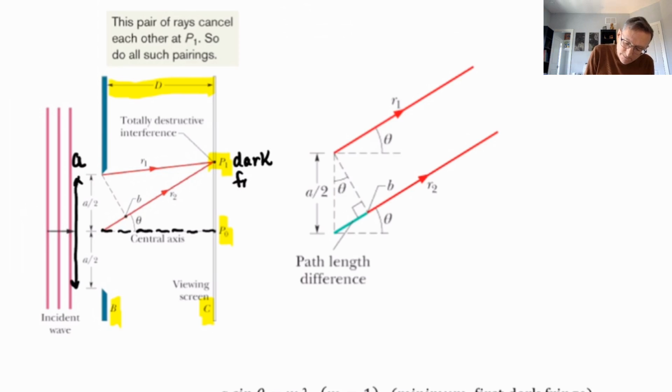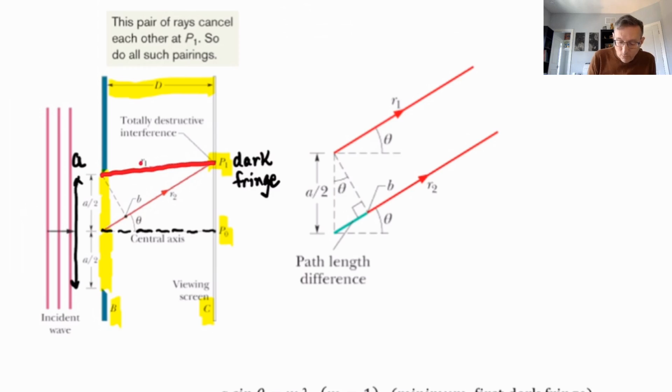All right, now what they've done is with that central axis dotted line going across, they have, quite nicely, divided up the slit into two equal portions, a top portion and a bottom portion, each of width a over 2. And then they have intentionally picked a ray from a wavelet starting at the very top of the slit and going over to point P1.